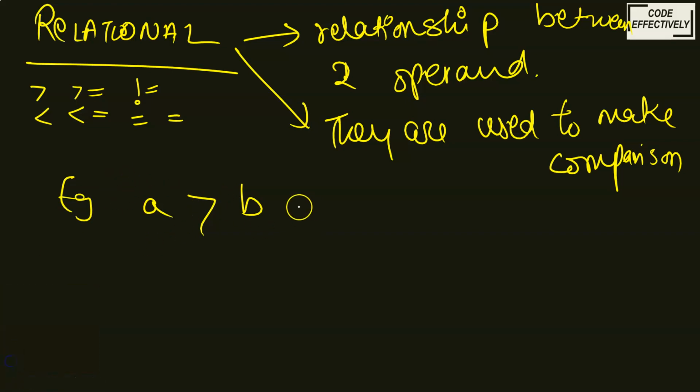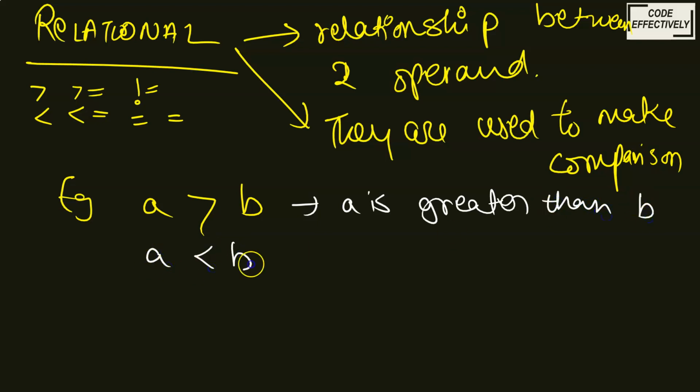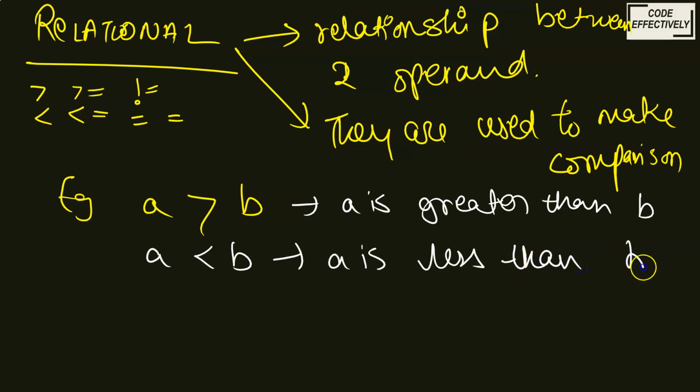Like A is greater than B, and again A is less than B. These are relational operators because they are telling the relationship between two operands, how A and B are connected to each other.